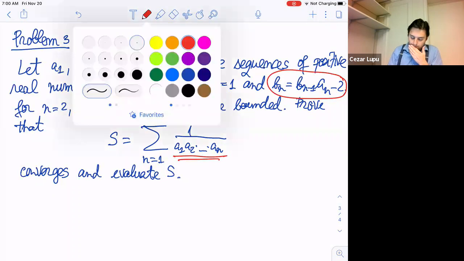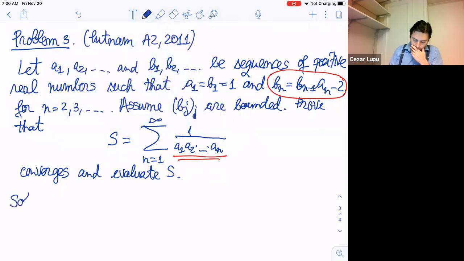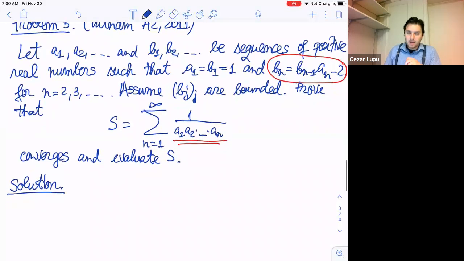So let's think of it. Let's rewrite this sequence Bn. We can rewrite here the An in terms of Bn.